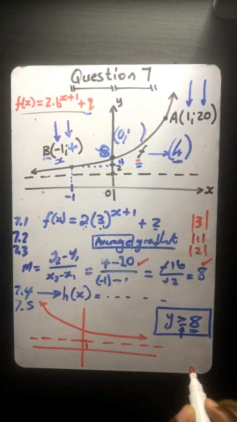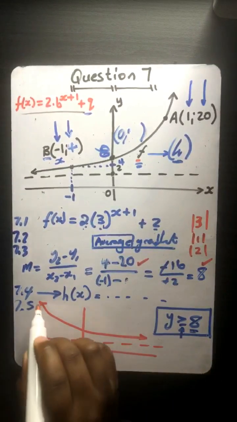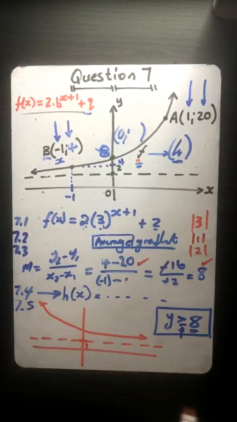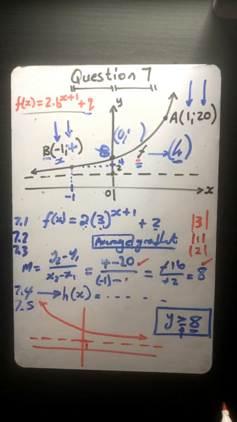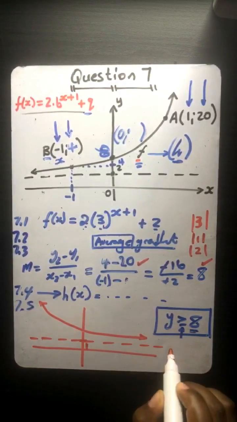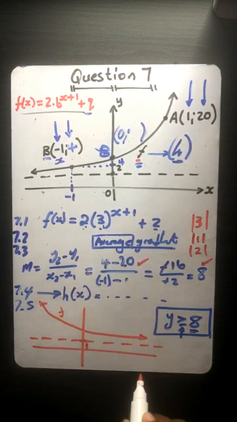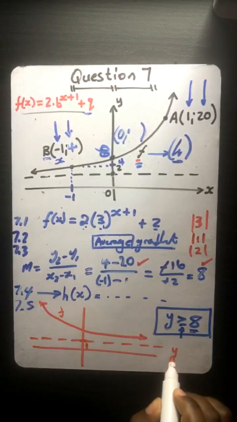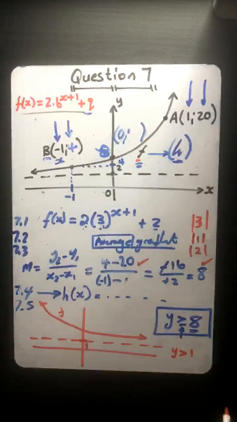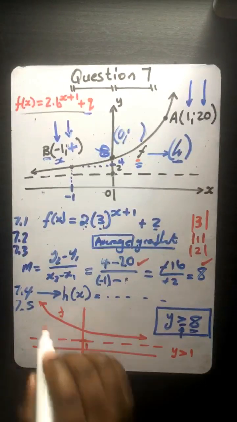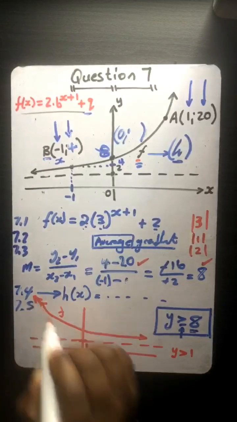So when we talk about the range, we are asking: this function is above which line? You can see that this function f lies above where y is above 1, because it will continue in that direction up to infinity.